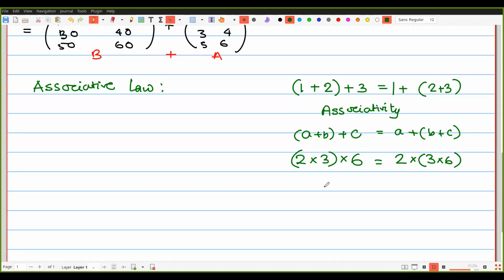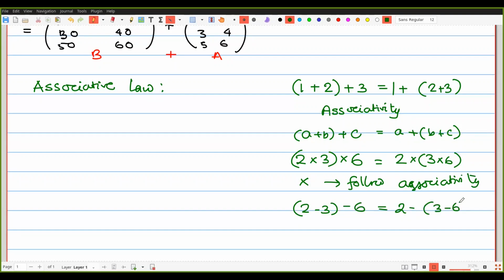So the multiplication or product operation also follows associativity. Let's check with subtraction. 2 minus 3 minus 6 is not always the same as 2 minus 3 minus 6 grouped differently. Or division, not always. So that type of operation does not always follow associativity.